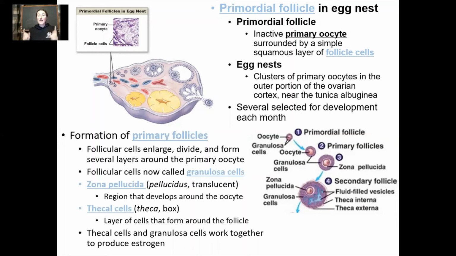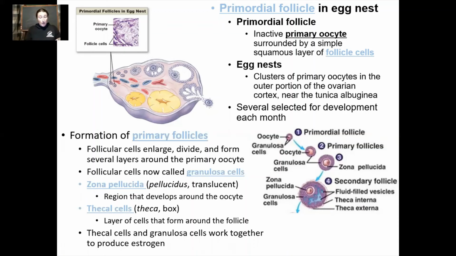Okay. The granulosa cells are separated from the oocyte by something called the zona pellucida, right? So zone, right, the area, pellucida, so lucid, clear, or translucent. So this is the translucent zone. Again, this is developing literally between those cuboidal cells called granulosa cells and the oocyte itself.